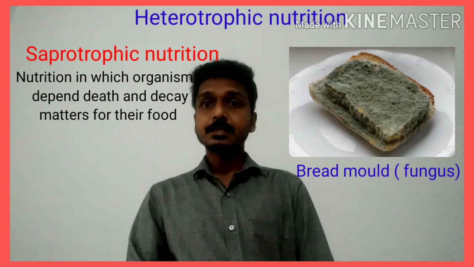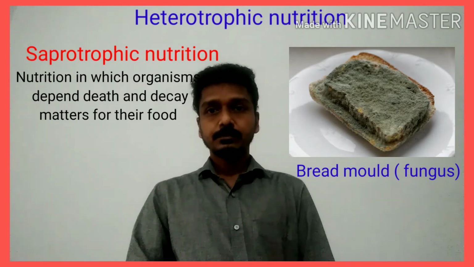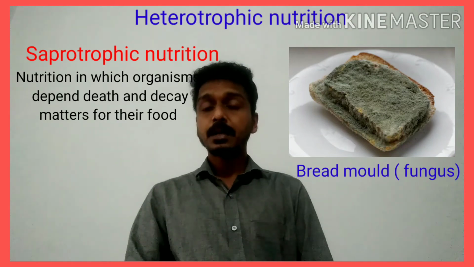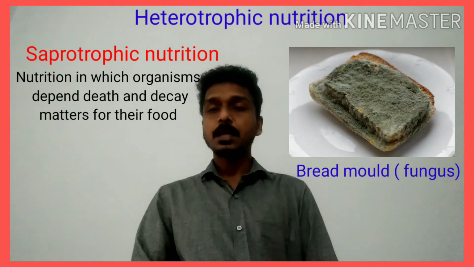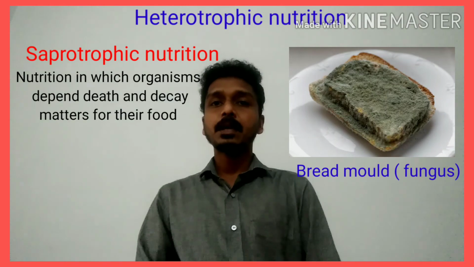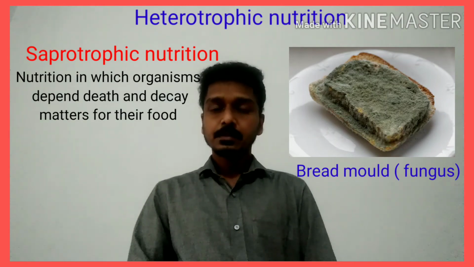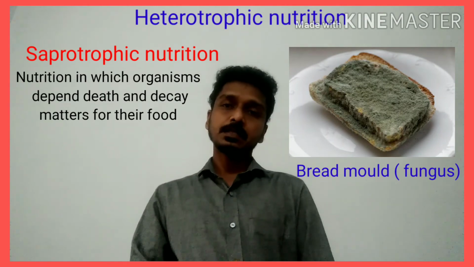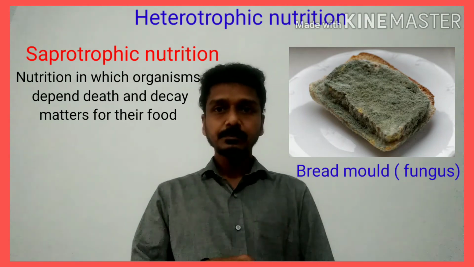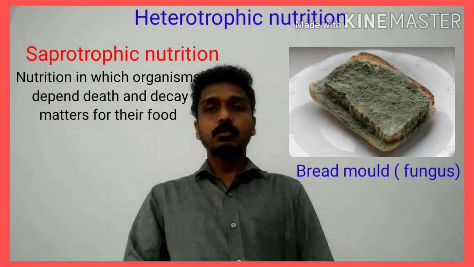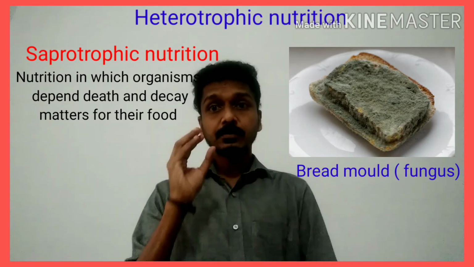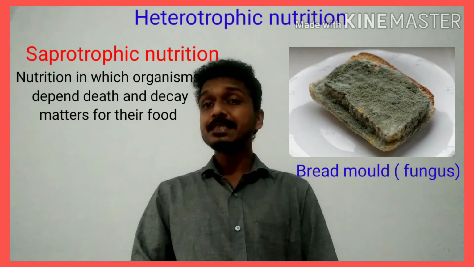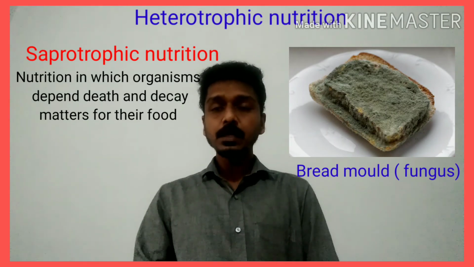Fungus are saprotrophs, and the bread is decay matter. By keeping it for long days, the bread becomes decay matter. So the fungus is taking food from the decayed bread. Fungus is also a saprotroph because it has saprotrophic nutrition.